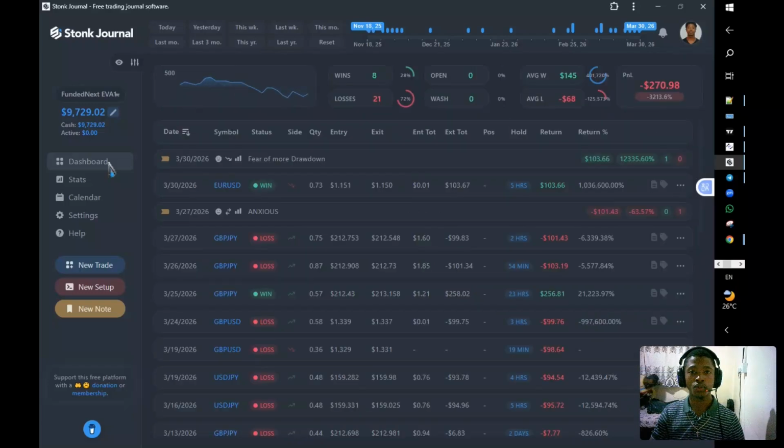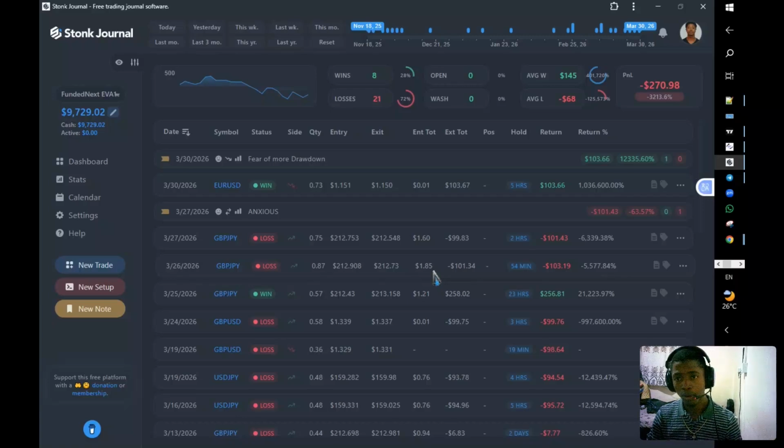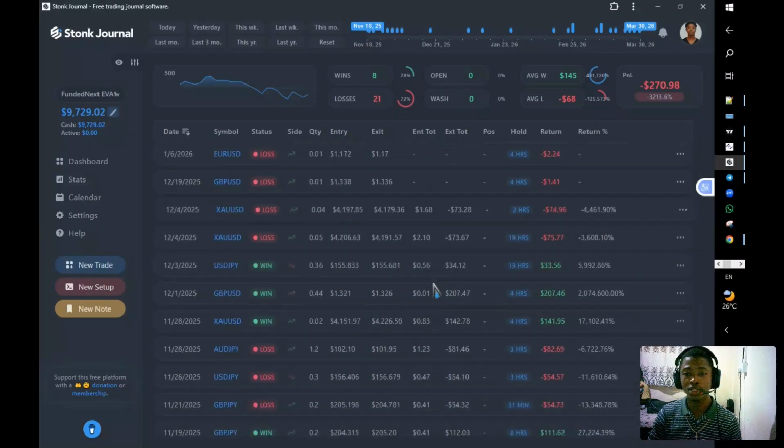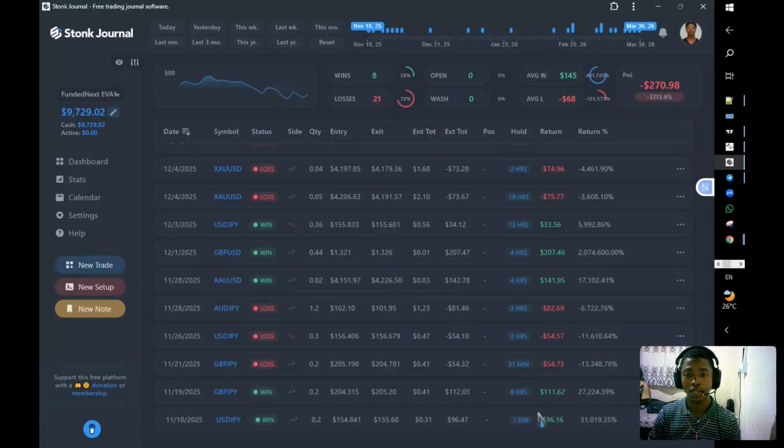So it's like I'm an intraday trader, not a swing trader, where my positions can slip over but not take more than 24 hours. I think it's only one trade that took 1 day, right here.